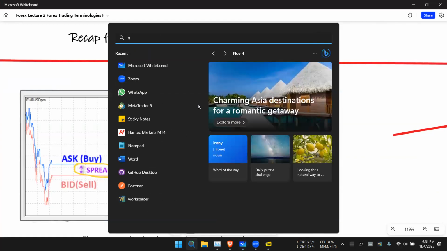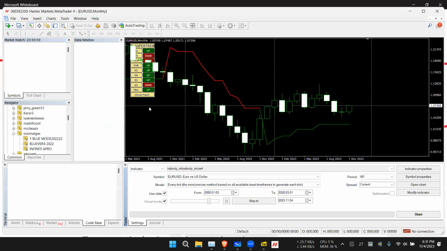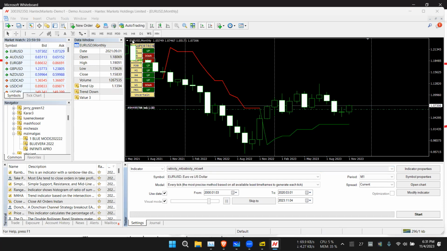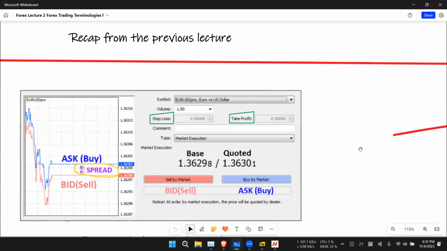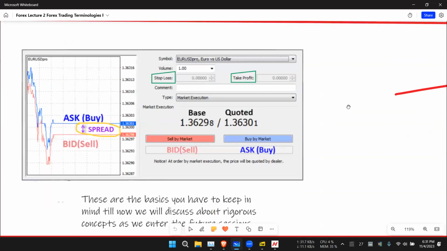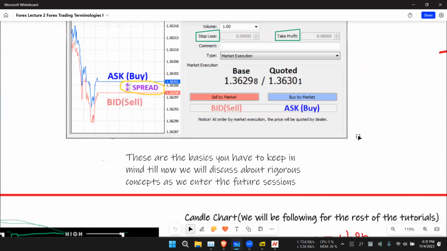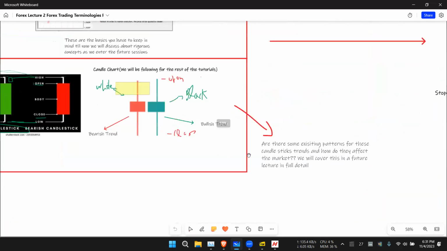Let me just open up the MT4. We already know about the symbol, EURUSD, monthly or 15. But what we didn't know about were these terminologies: stop loss, take profit, and some other stuff, right?